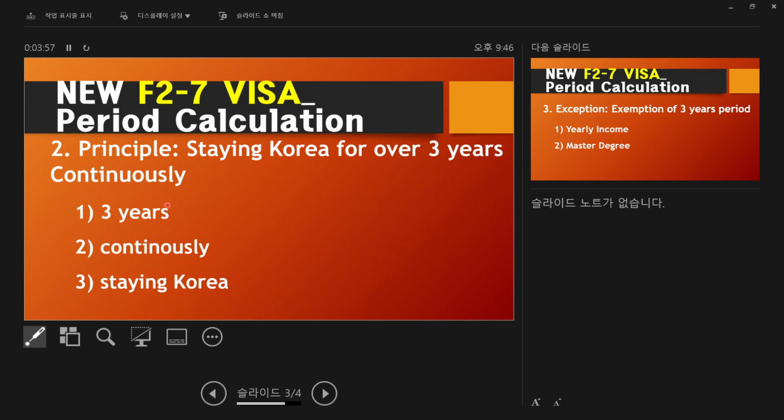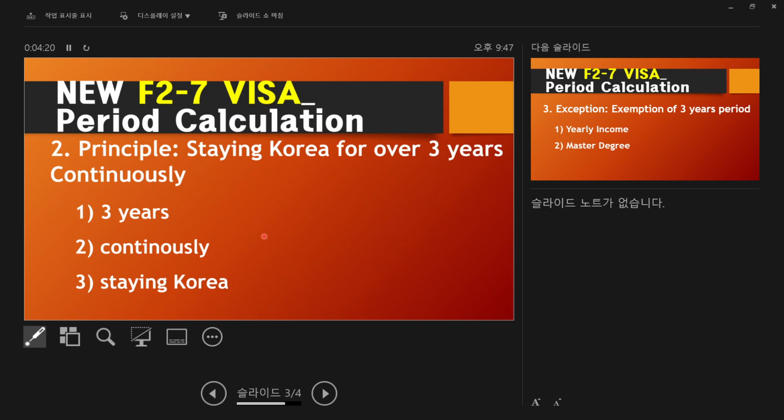And continuously means, for example, if you got an E7-1 visa for 2 years, then you changed to a D10-1, and you got the E7-1 right now for over 1 year.